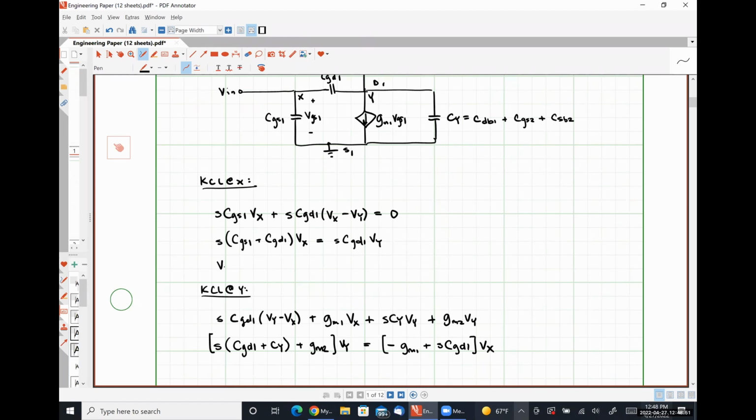So Vx will be S CGD1 over S (CGS1 plus CGD1) multiplied by Vy. I'm actually running into a bit of an issue here.